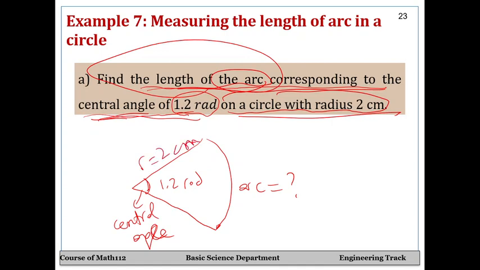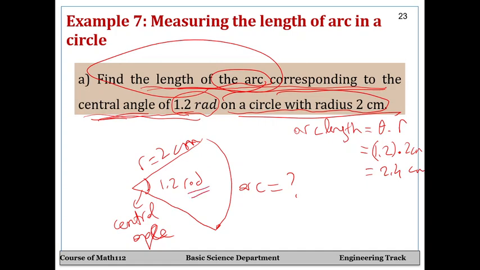Now how can we calculate the length of this arc? Arc length is equal to, we know the formula, theta, the central angle, times the radius. So central angle in radians times 2 centimeters, so you get 2.4 centimeters.